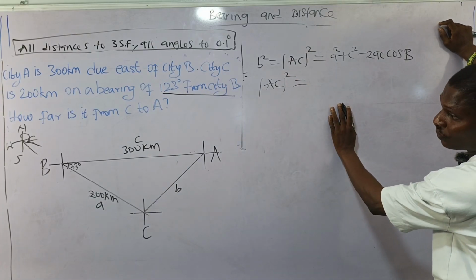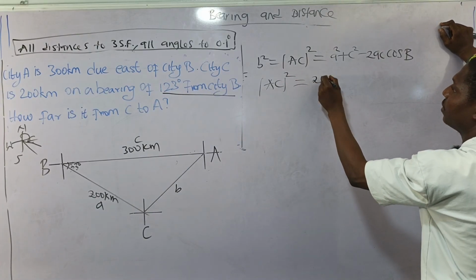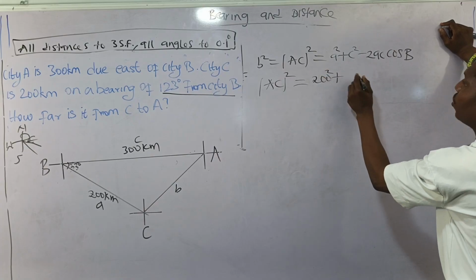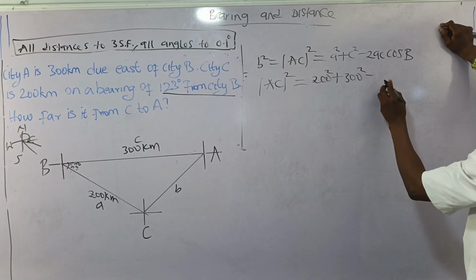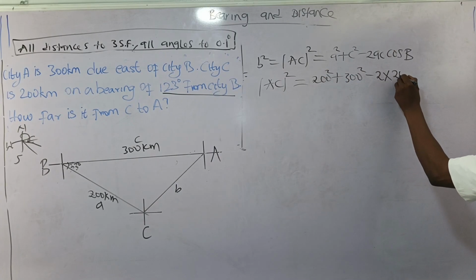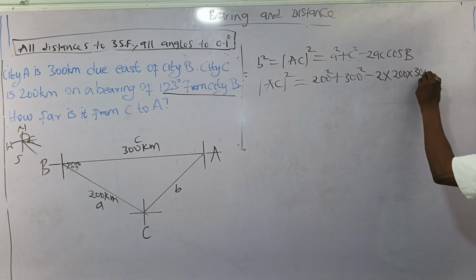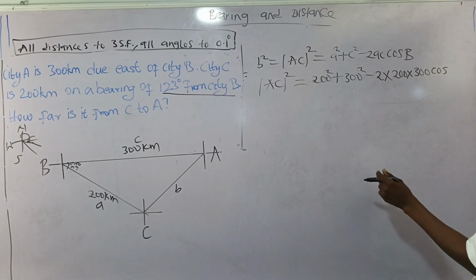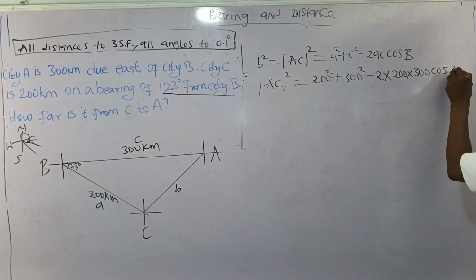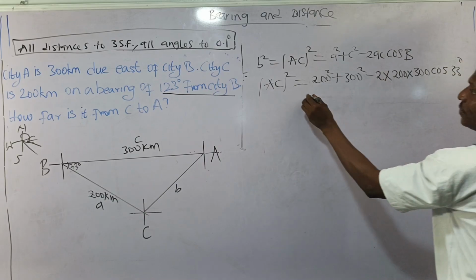My a is 200 squared, plus my c is 300 squared, minus 2 times 200 times 300 cos 33 degrees. That's why I use the negative sign.